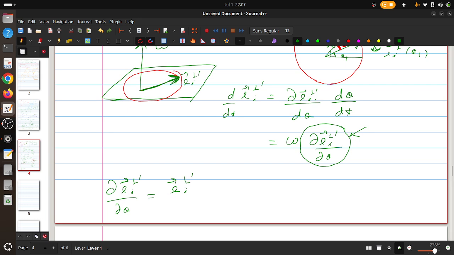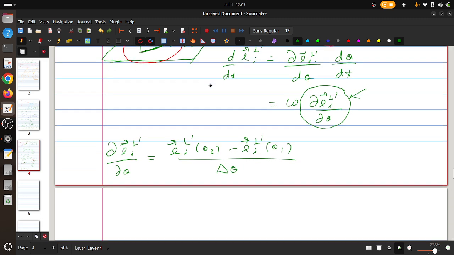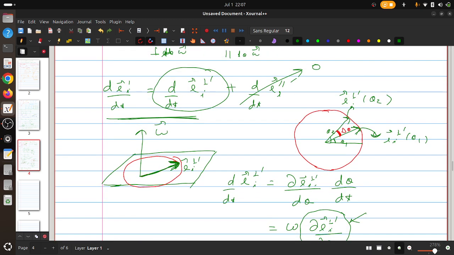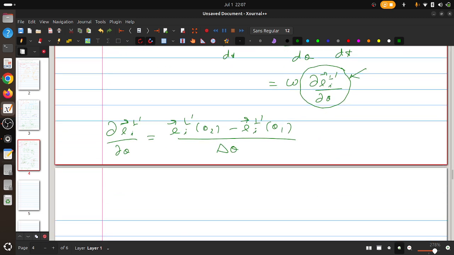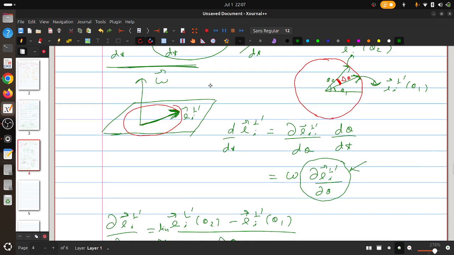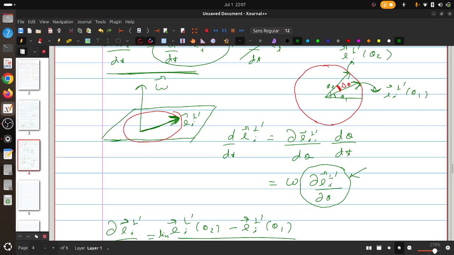So this would be EI perpendicular prime at theta 2 minus EI perpendicular prime at theta 1, divided by delta theta, correct? So what is this? As delta theta goes to 0, obviously there is a limit here, that delta theta goes to 0. That is the basic definition of the differentiation.